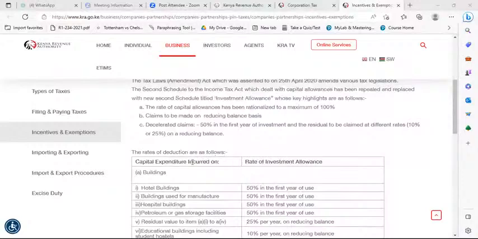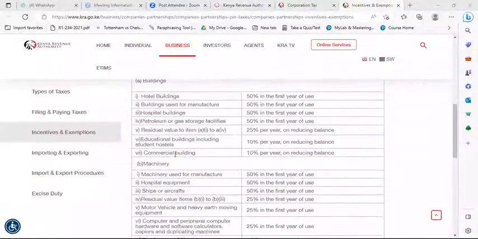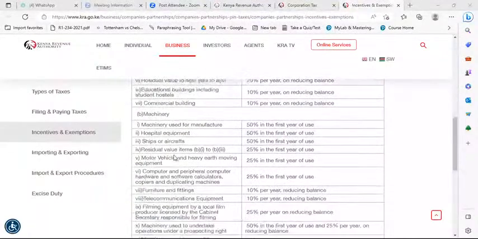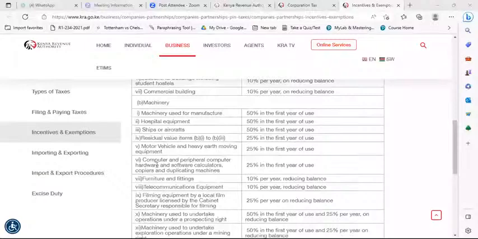We have capital expenditure incurred and the rate of investment allowance. So we have buildings there. We are looking for computer software. So computer and peripheral computer hardware and software, calculators, copiers and duplicating machines.